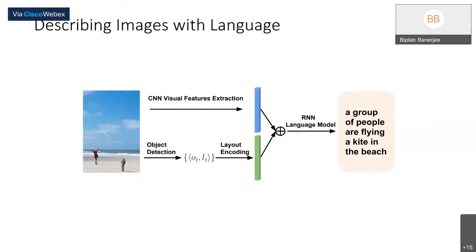One such example could be image captioning, where we have the image and we want to generate a caption in a standard language. For this image, the caption could be: a group of people are flying a kite on the beach. This is again a very different type of problem because you have two completely different types of data: one is visual data, another is text data.